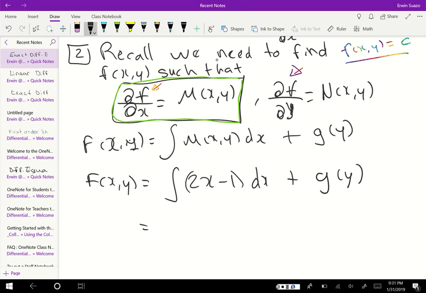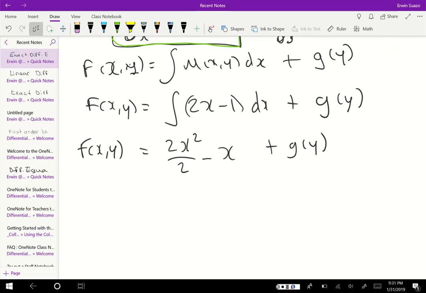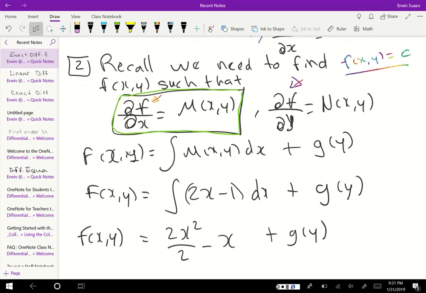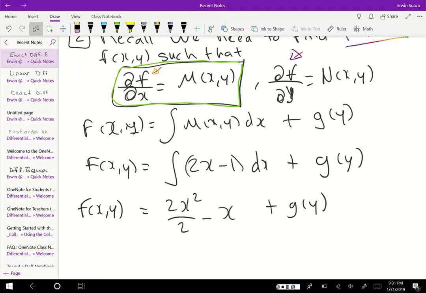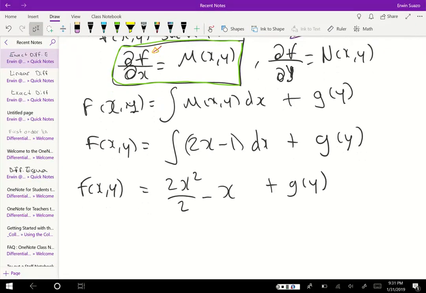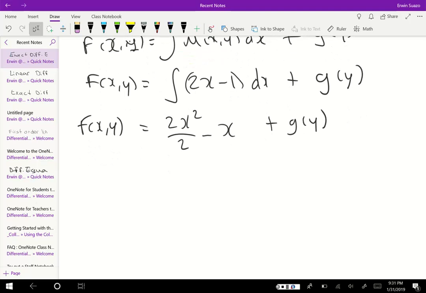So we have 2x squared divided by 2 minus x plus g of y. So that is my f of xy. That is the end of part 2. So I have found a candidate for f of xy.